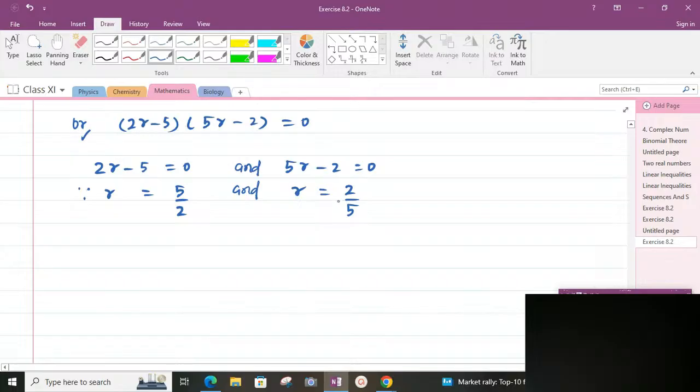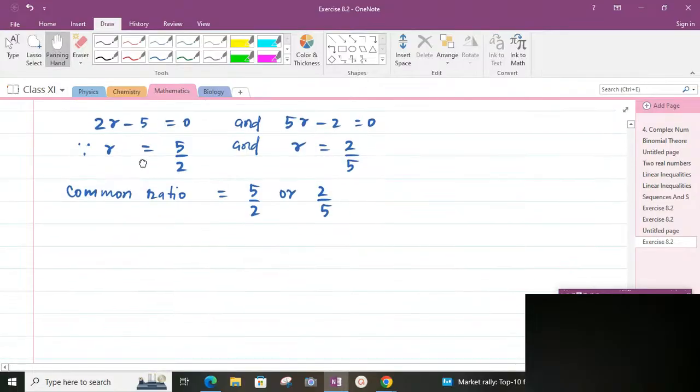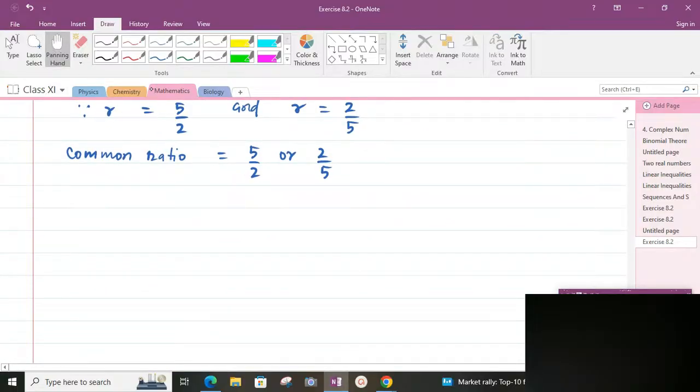The question asks us to find the common ratio and the terms. So the common ratio here will be equal to 5 by 2 or 2 by 5.